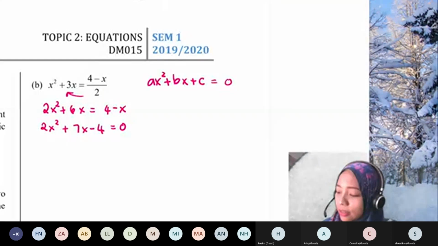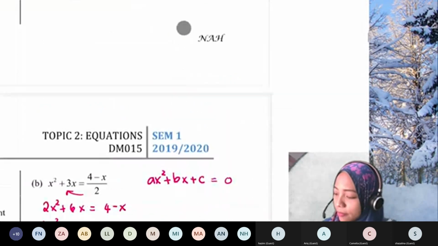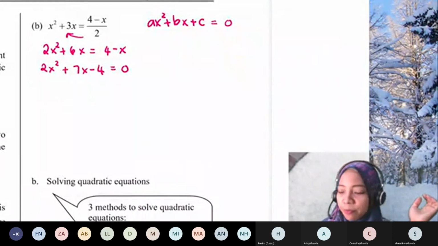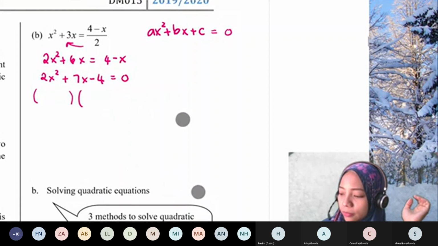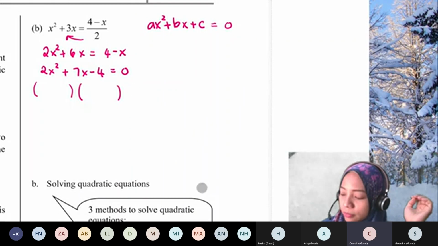Okay, can you press the calculator for me? What's the factor? One x equals to 2. 1x equals to 2.